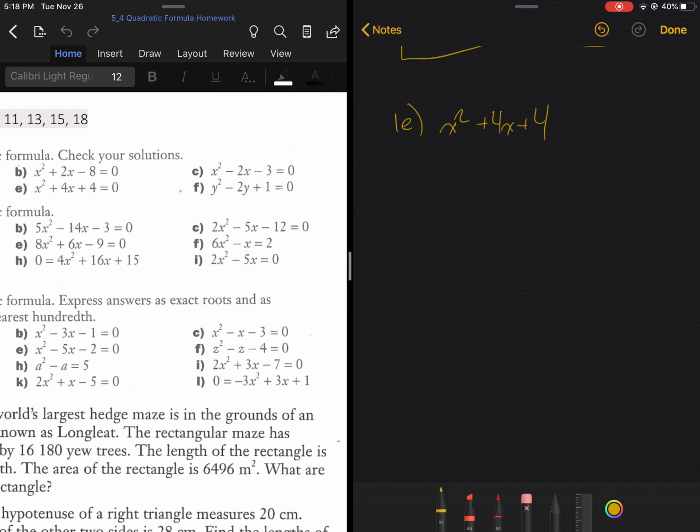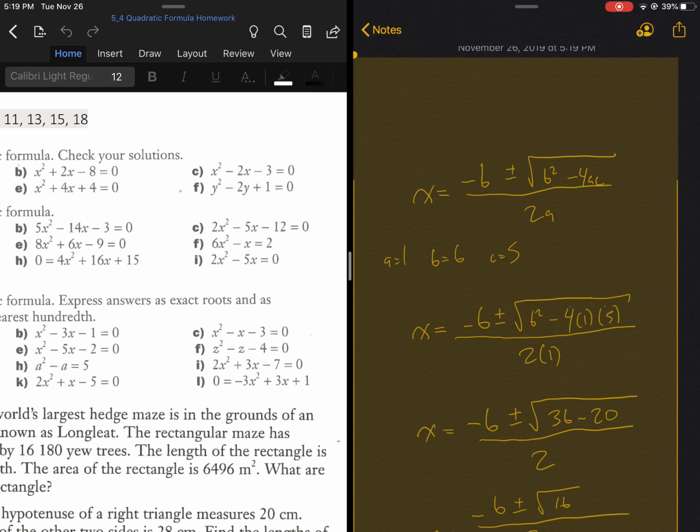Let's look at e. 1e, and we have x squared plus 4x plus 4 equals 0. Now, here's a situation where I might want to use graphing or a quadratic formula or a graphing calculator, but the quadratic formula is going to work because I don't know a number that multiplies to 4 and adds to 4. 4 and 1? Oh, actually I do.